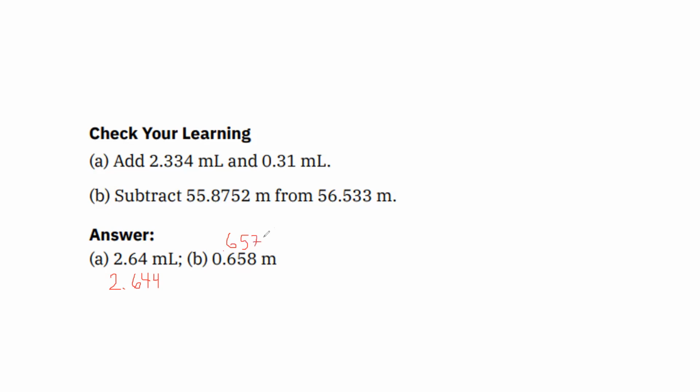But again, we have to round our final answer for addition and subtraction to match whatever value had the fewest digits after the decimal. That's going to be 3 of them here, 0.533 versus 0.8752. We can only have 3 in our final answer. And in this case, since that 4th digit is greater than a 5, that means we round the third one up. So instead of 0.6578, we're just going to round that to 0.658 meters.